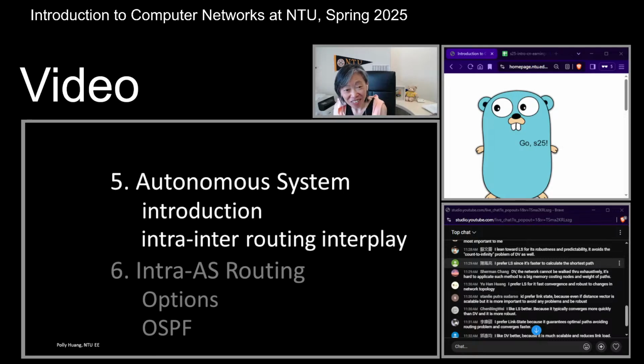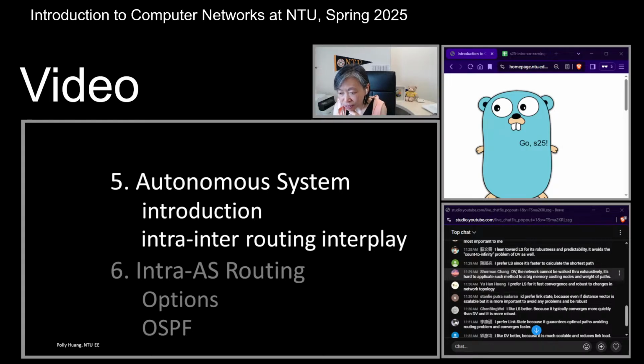So it seems there's no one perfect solution. Either you want robustness or you get scalability. Distance vector in a way is a cheaper solution, but less robust. So link state seems to be edging out here.